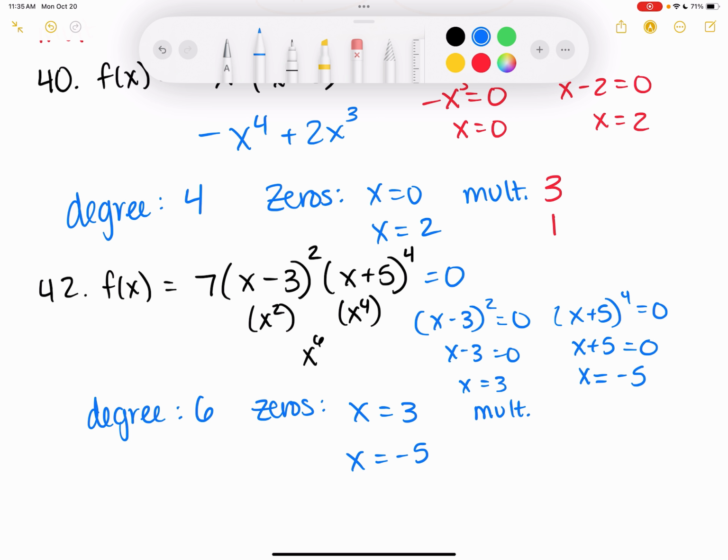So x minus 3 is being squared, so it has a multiplicity of 2. So then what's the multiplicity of x equal to negative 5? 4. Yep. So it has a multiplicity of 4. So that's all that I'm looking for you to do on those problems. Again, the other stuff, you can put it in your calculator and graph it if you are so inclined to see if it crosses the x-axis at the corresponding x-intercept or not.